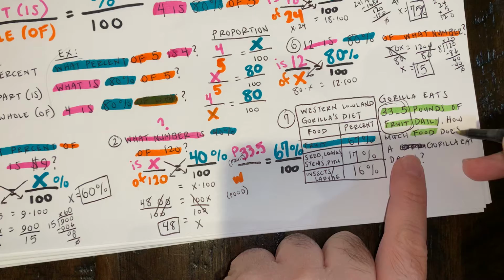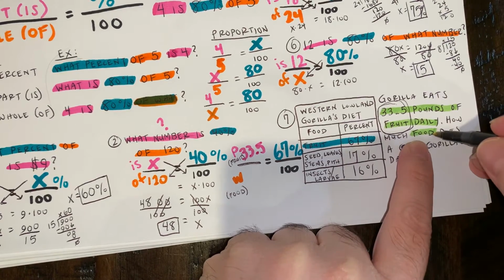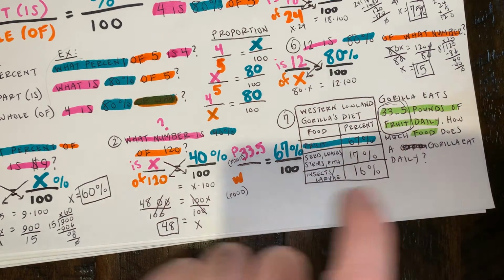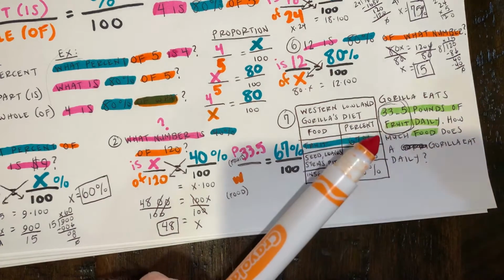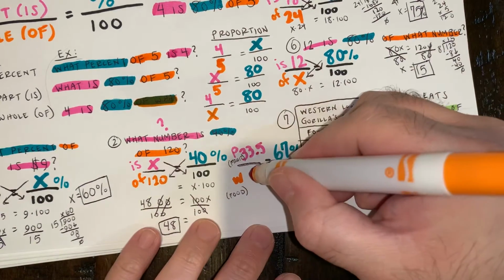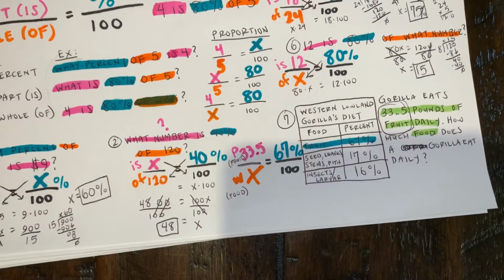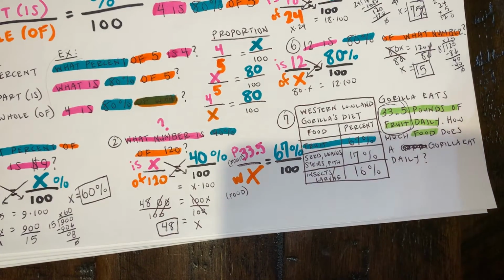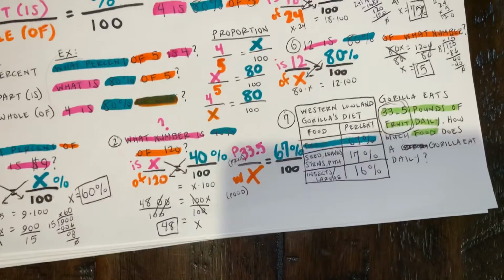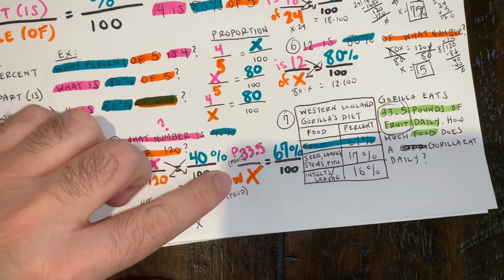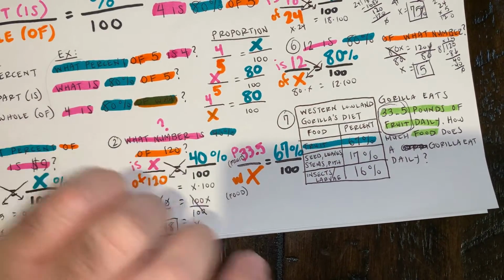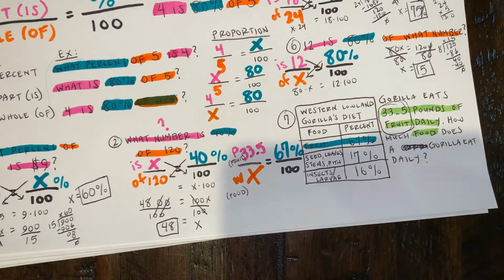Now, how much food does a gorilla eat? We know that food is going to be the whole entity. So it's asking how much food there is. That means that's what we're looking for. We want to know what that is. Now that we have set up our proportion as part over whole equals percent over 100, we can cross multiply.